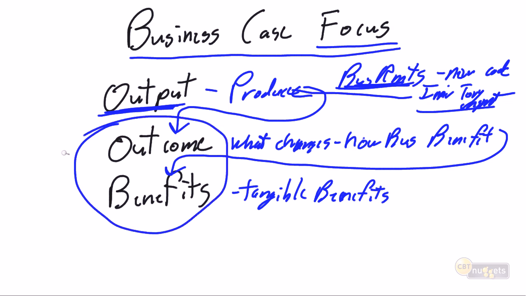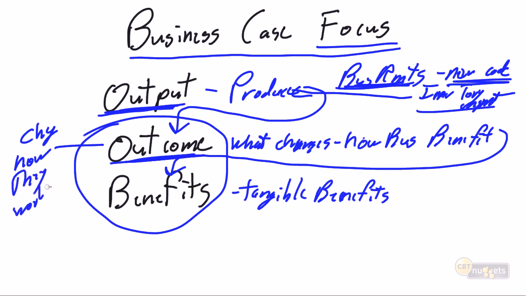We're not in this project for the purpose of writing new code. We're in the business of working on this project so that we can achieve the business outcome, so that the business can change how they work, so that the business itself can result in improvements, and those improvements will directly drive the benefits.